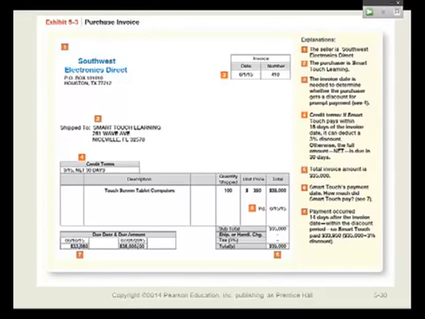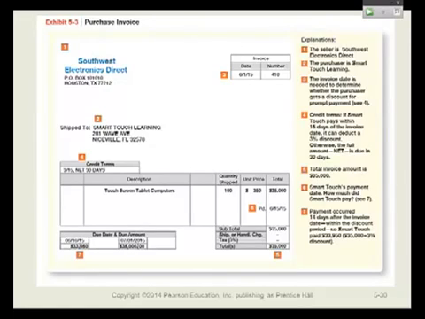So this is the starting point, the sales invoice, or the purchase invoice, where you have to determine all the terms of sale. One thing we don't see here is tax, which we'll talk about later on, and the shipping. The freight, in this case, would be part of the inventory if it's paid, but the freight is not here. You might be paying a separate shipping company. So the freight is not included on this particular invoice.